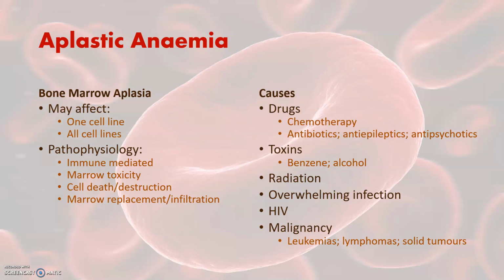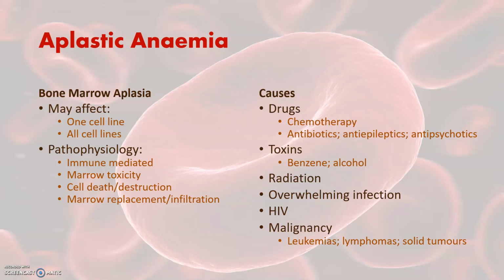So, aplastic anemia is due to bone marrow aplasia, and this might affect just one cell line. So you can get pure anemia or pure thrombocytopenia, for example, or even pure neutropenia. However, often it affects all cell lines, giving pancytopenia.